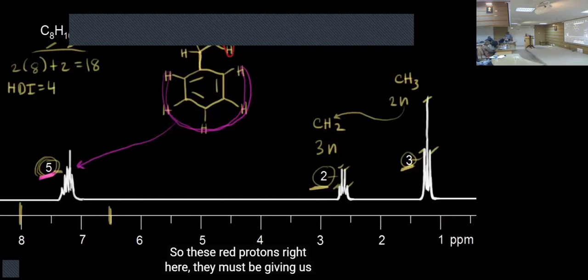So n plus 1, 3 plus 1 is 4. So Aisha will split into a quartet, 4 signals. One peak is split into 4 signals. And this splitting pattern actually just shows the number of neighboring protons. It doesn't mean how many protons you have yourself.